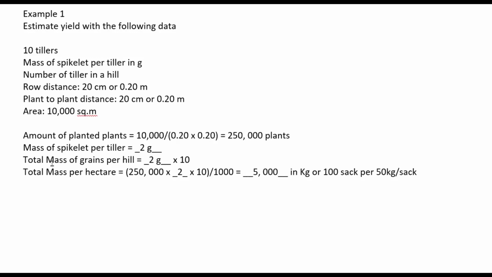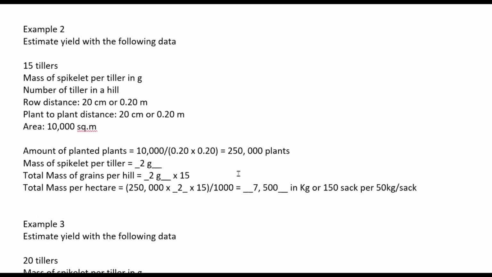And then the total mass of grains per hill is this, 2 grams times 10, 10 being the teller. We can then estimate total mass per hectare. So multiply by 250,000 plants times 2 grams times 10 teller divided by 1,000 to convert to kilograms. So if we have 10 tellers, then the yield is 5,000 kg, or 100 sack per hectare with 10 tellers.